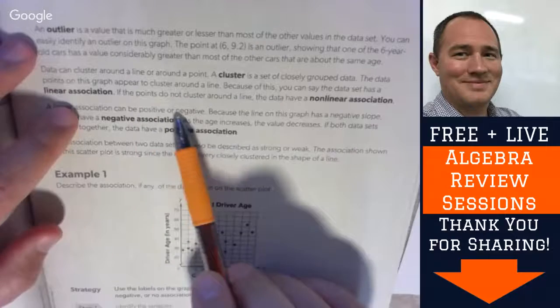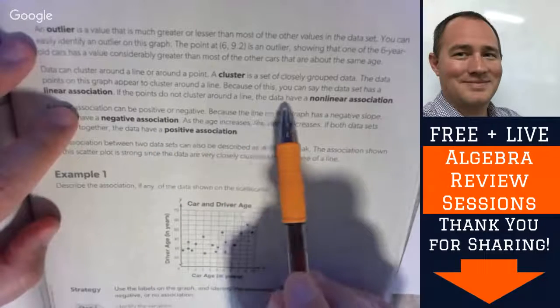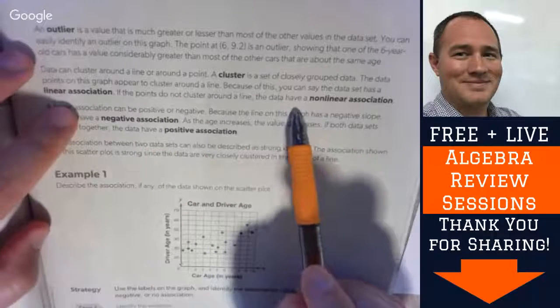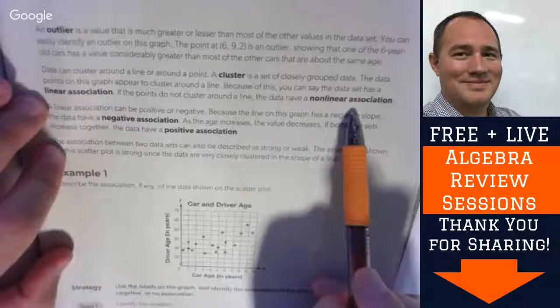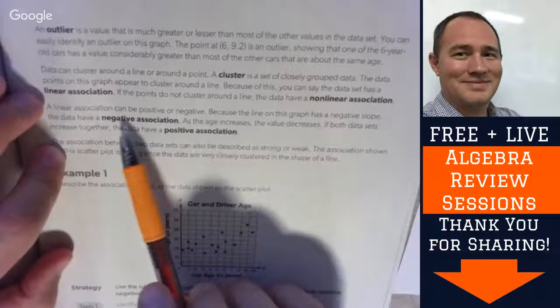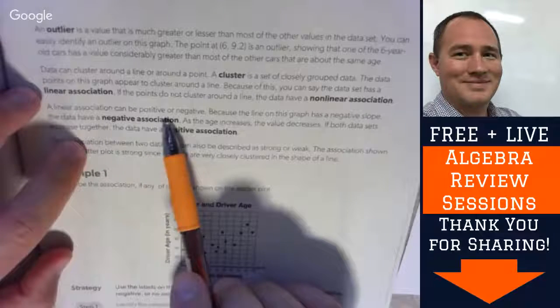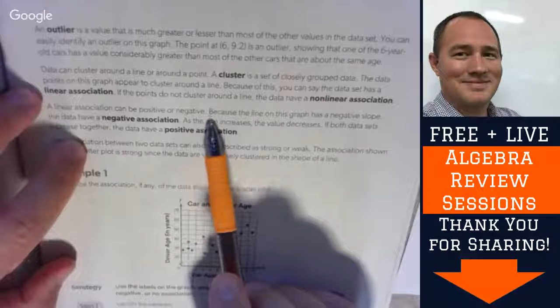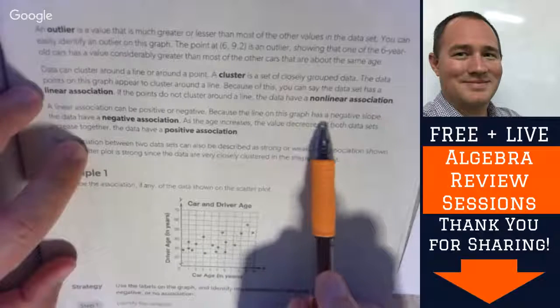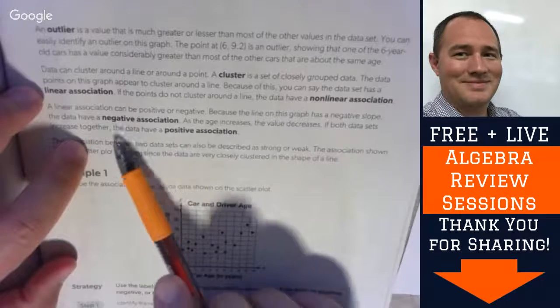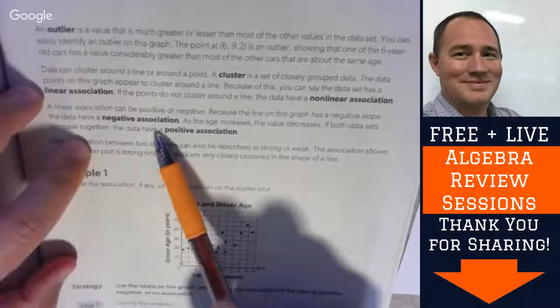If the points do not cluster around a line, then they have a nonlinear association. Okay, so linear association can be positive or negative, and because the line on this graph has a negative slope, the data have a negative association.